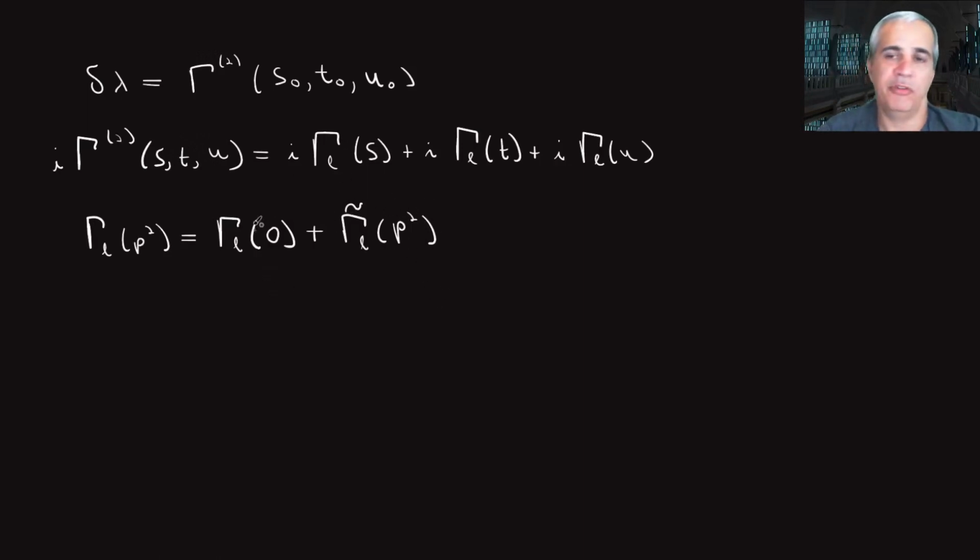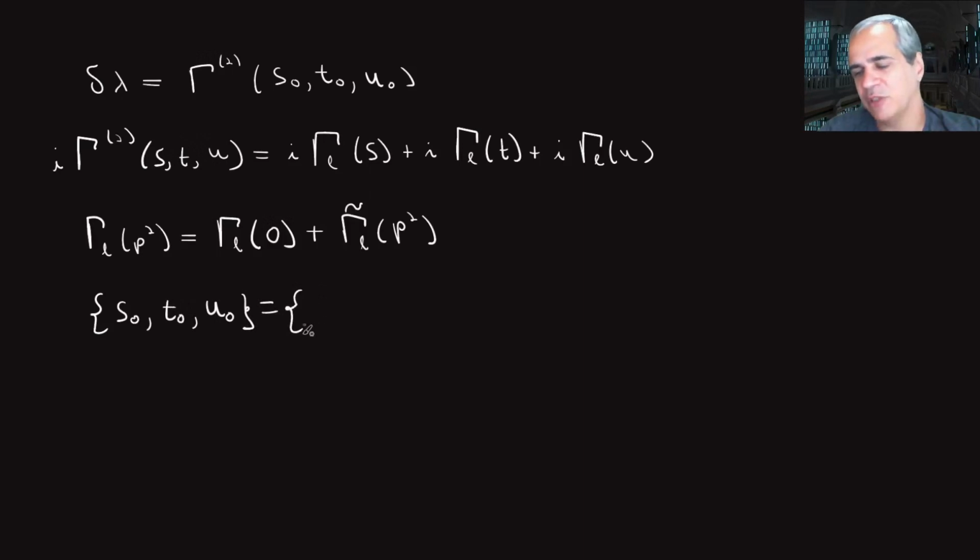Now, to go further, I need to specify this reference point, right? So I need to choose values for s0, t0, and u0. Of course, now I'll just choose points which are convenient for my calculation, not necessarily points that are easy to experimentally measure.